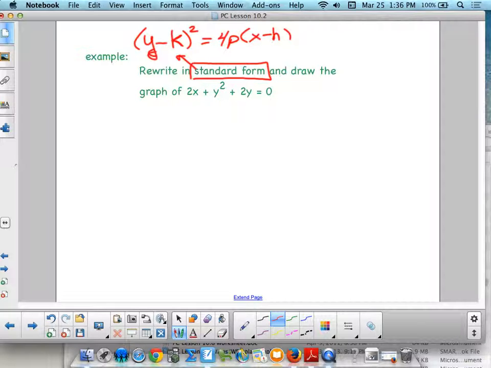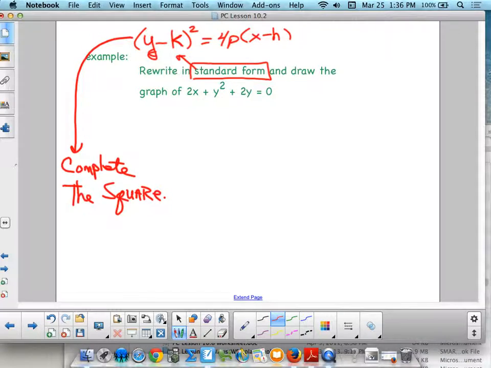Completing the square. Perfect. Okay, so to get this look right here, you must complete the square.